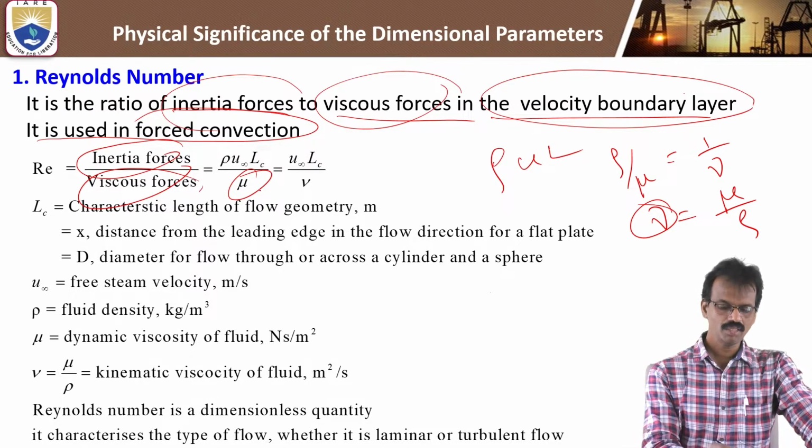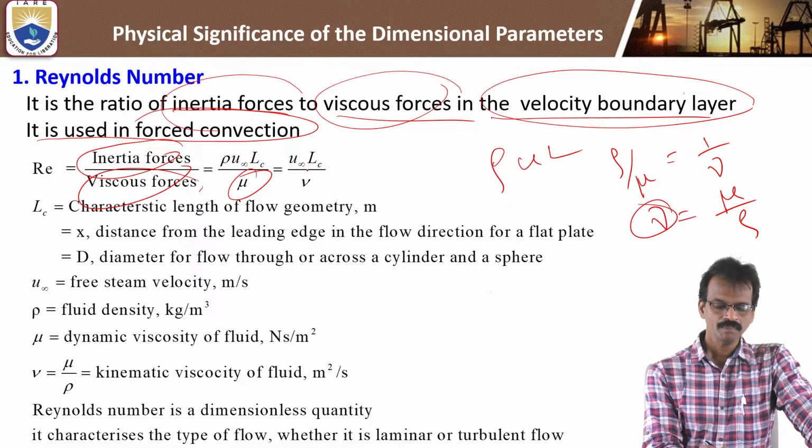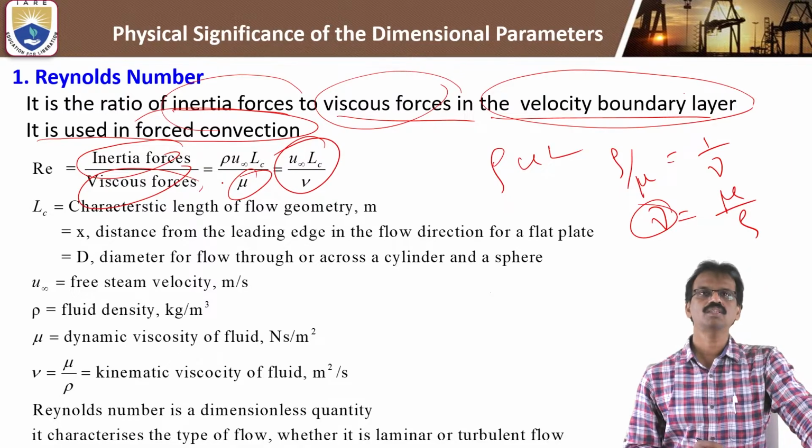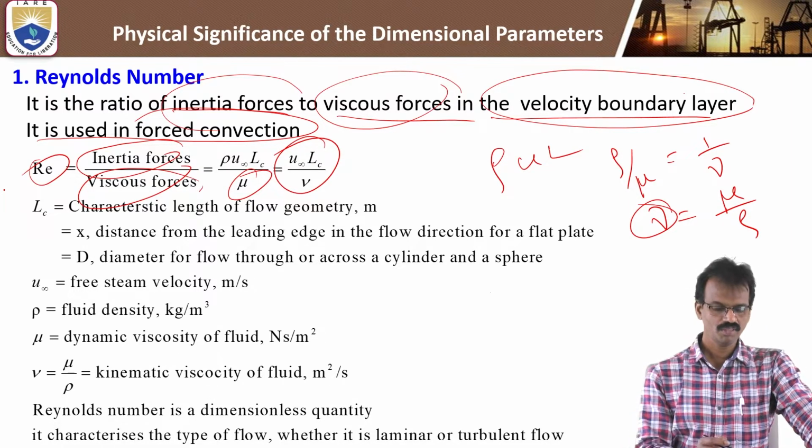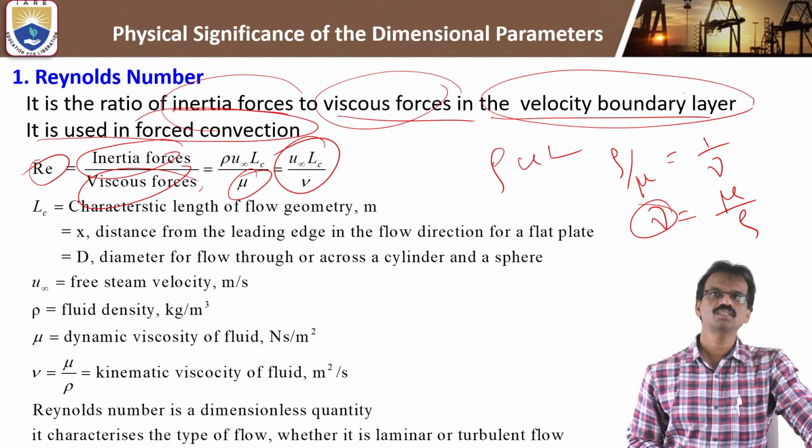So we can rewrite this formula as U infinity into Lc by nu. So this is the formula for the Reynolds number.